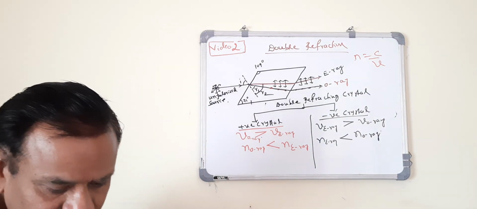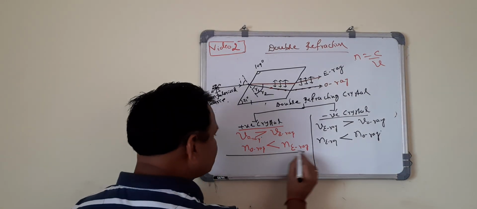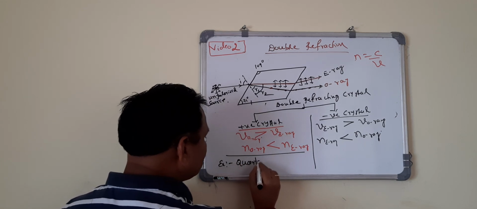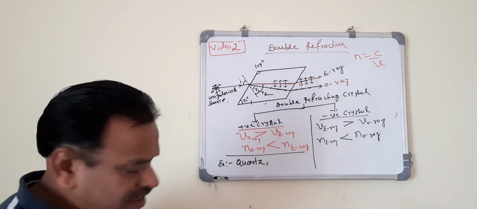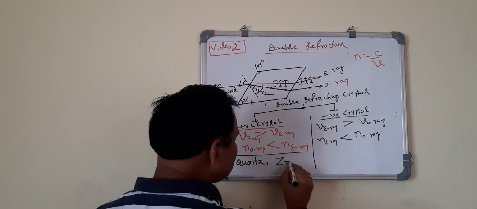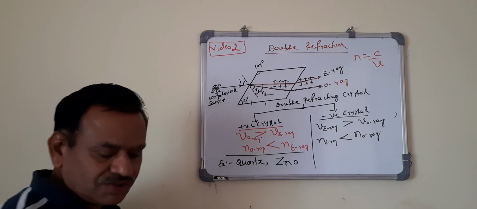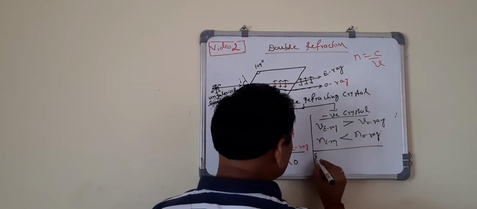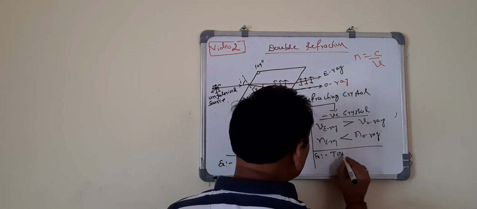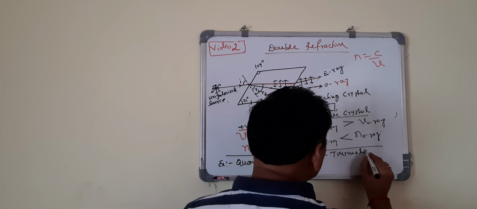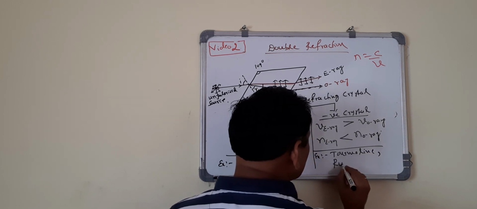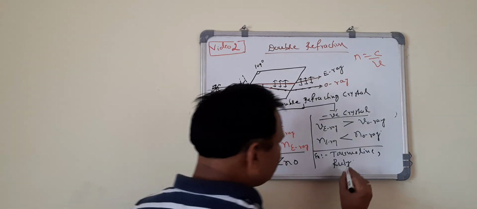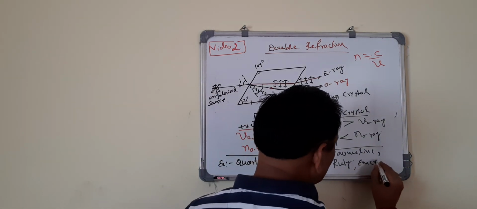Here, the example is quartz, and another example, zinc oxide. All this comes under this. Next, the examples are tourmaline crystal, ruby crystal, emerald.